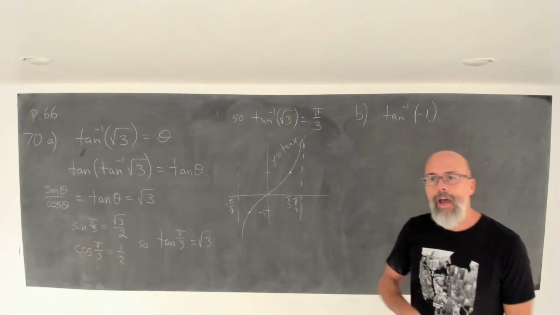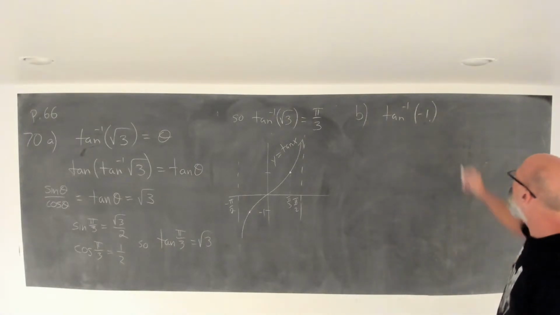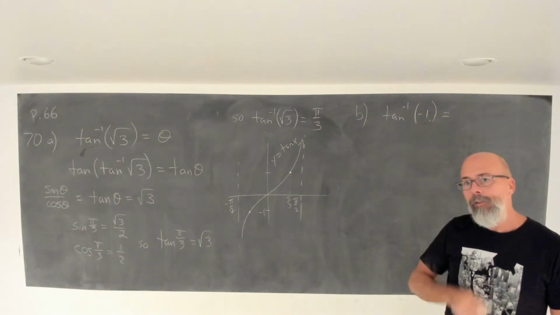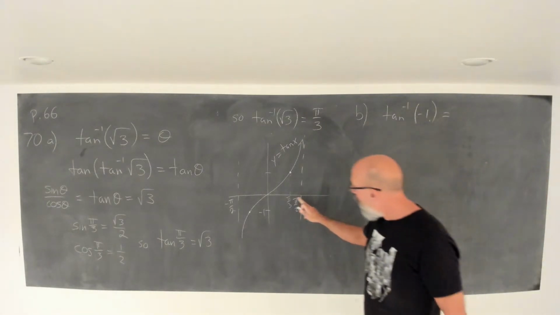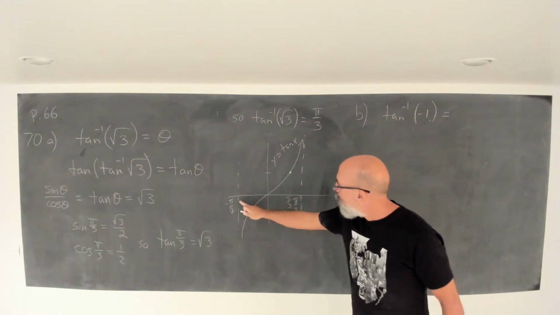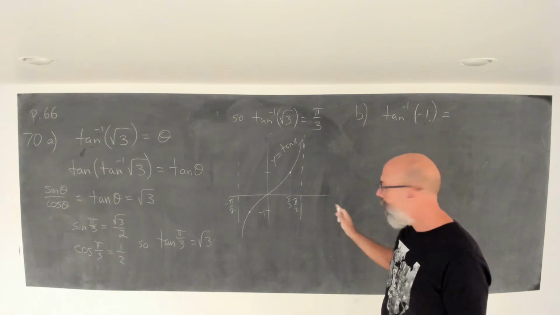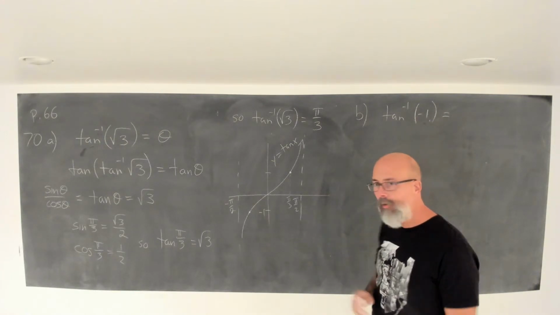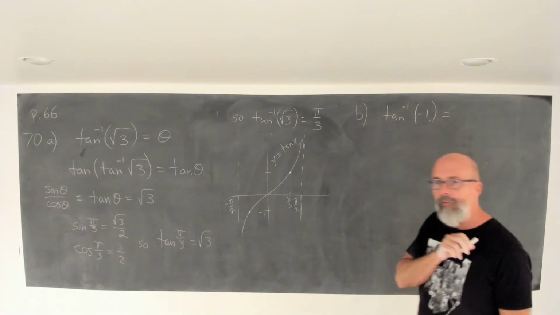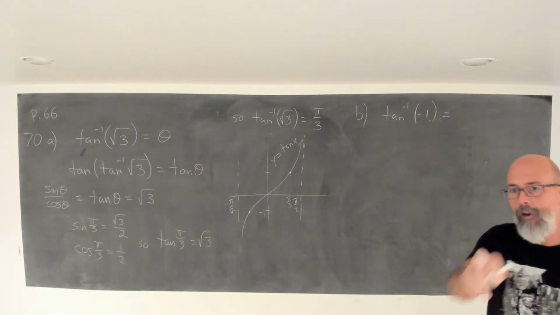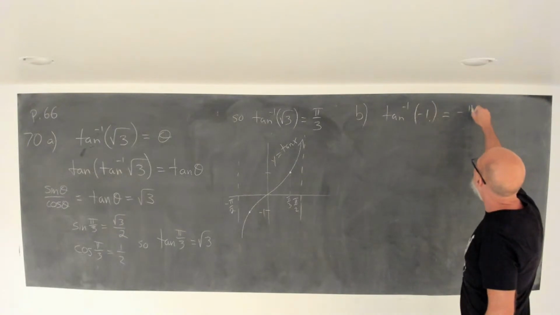Tangent is -1 at? Joanna, 3 pi over 4, but we're restricting our attention to negative pi over 2 to pi over 2. You've given me something that is outside of this angle. Fix it. Negative pi over 4, there it is.